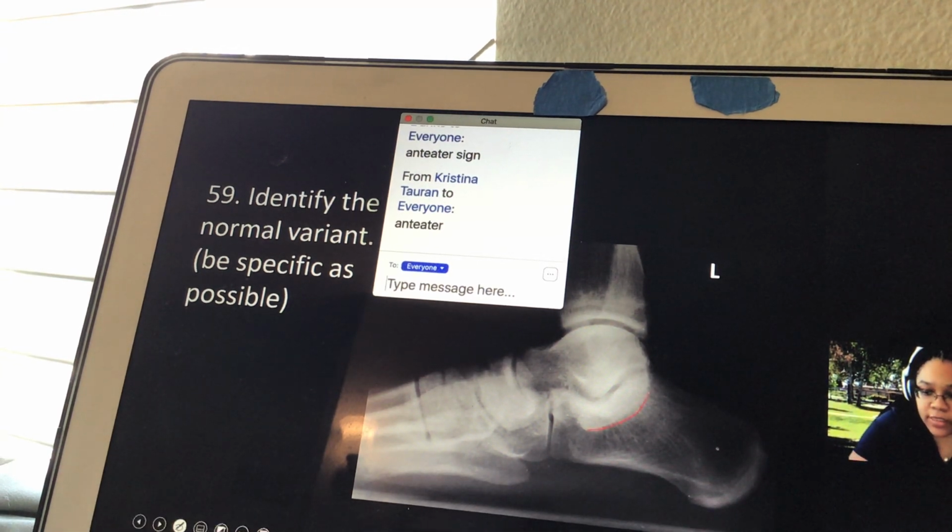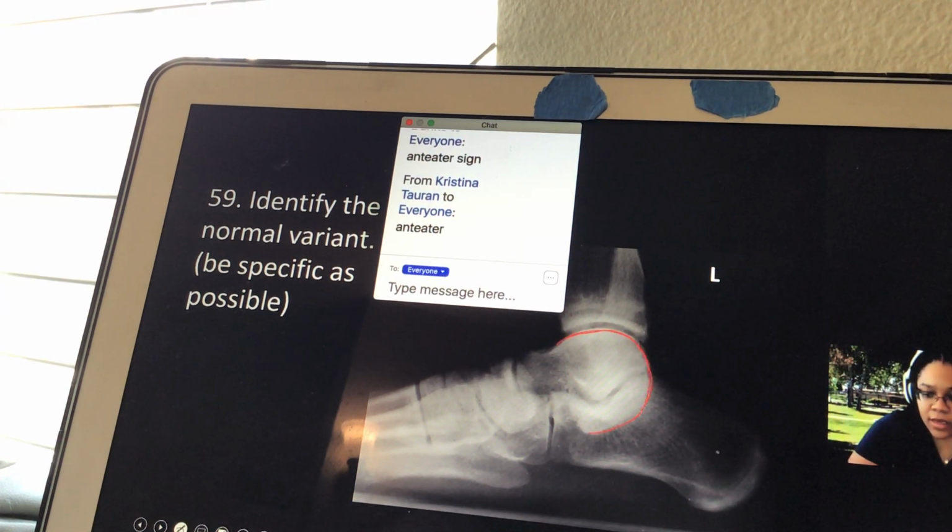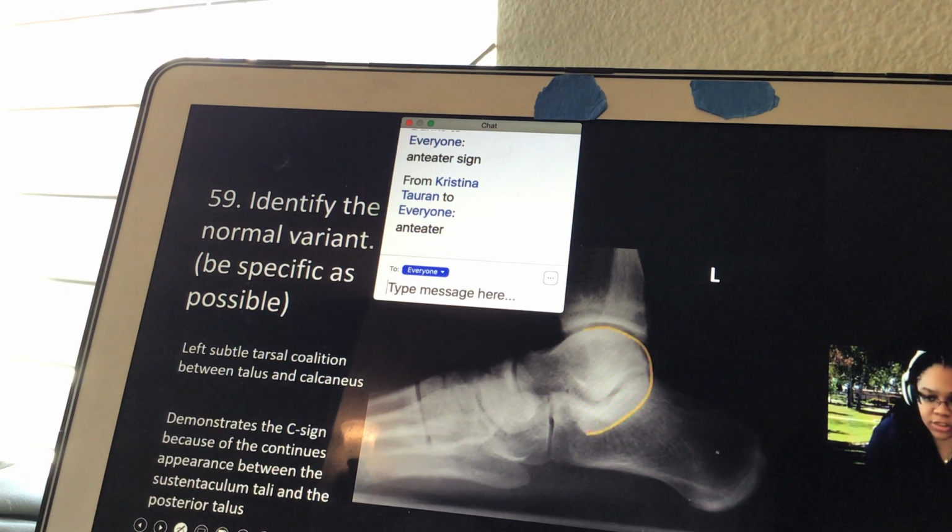Here we'll see a continuation between the talus and the calcaneus. This is our C sign. It makes a backward C that shows there's continuation between the two.